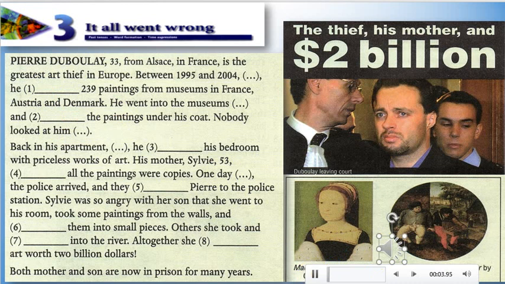The thief, his mother, and $2 billion. Pierre Doublet, 33, from Alsace in France, is the greatest art thief in Europe. Between 1995 and 2004, while he was working as a lorry driver, he stole 239 paintings from museums in France, Austria, and Denmark.